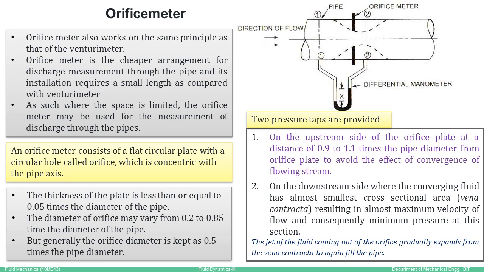This region is experimentally found and identified, and that is the minimum cross sectional area where velocity is maximum, and since velocity is maximum we get minimum pressure at this section, so that when you measure the pressure difference between 1 and 2 you get the maximum possible pressure difference.